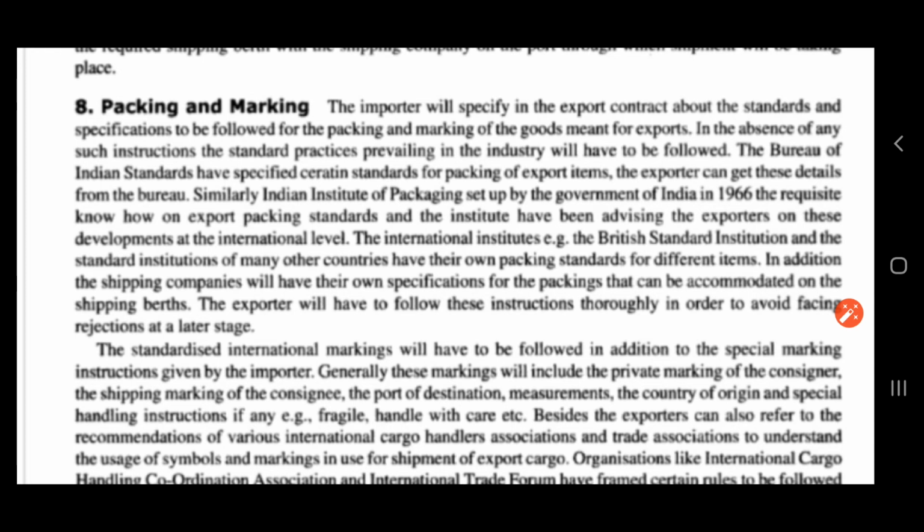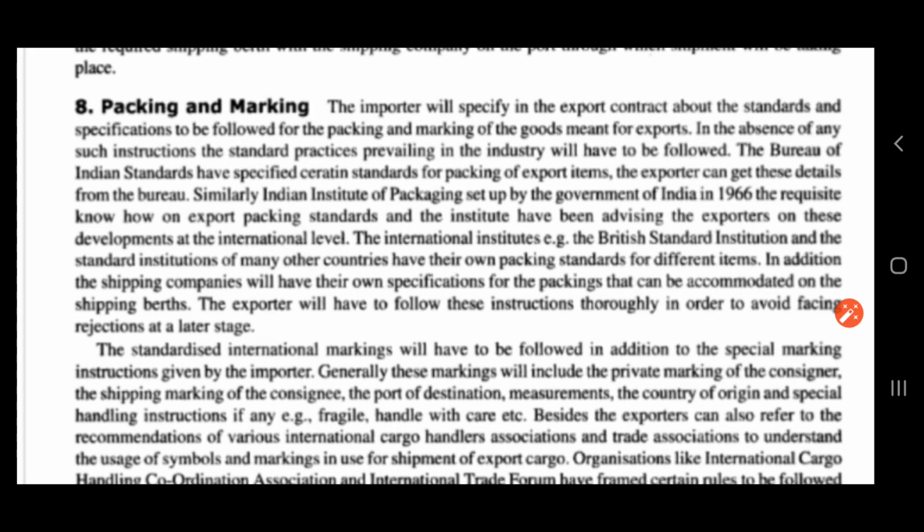The Bureau of Indian Standards has specified certain standards for packing of export items. How to get these details? The exporter can get them from the Bureau of Indian Standards directly.